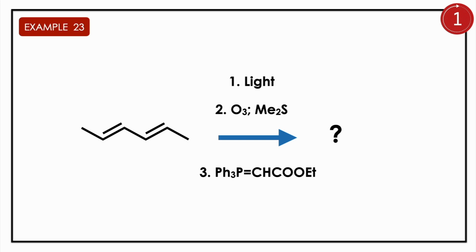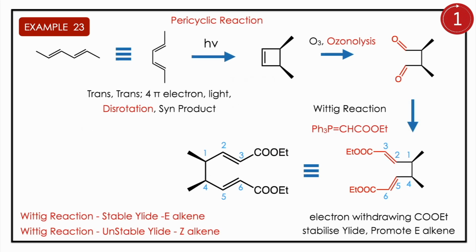Then the next reaction. Here you have hexane with conjugated double bonds, light, ozone, methyl sulfide, and phosphine ylide with ester you are using. You should find what will be the final product. Here by looking at the diene, you might realize the chances of a pericyclic reaction under the light condition.